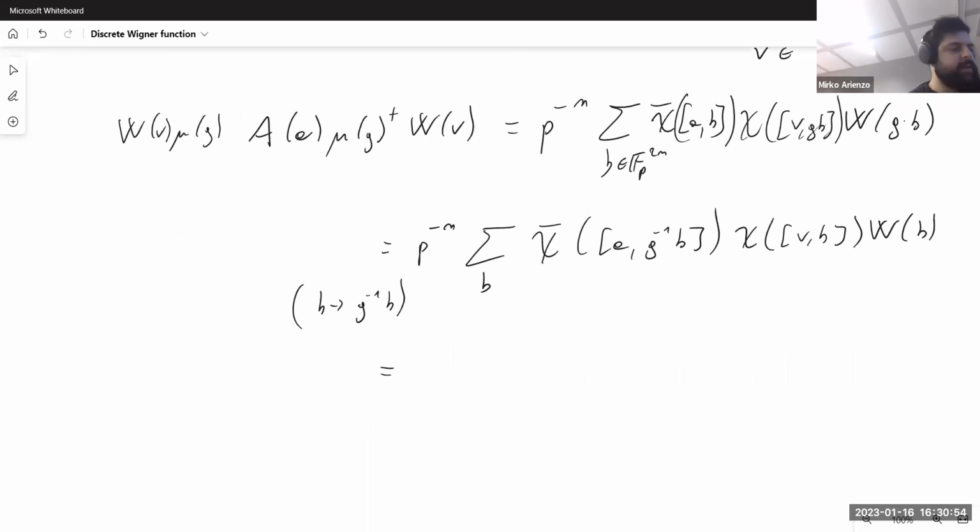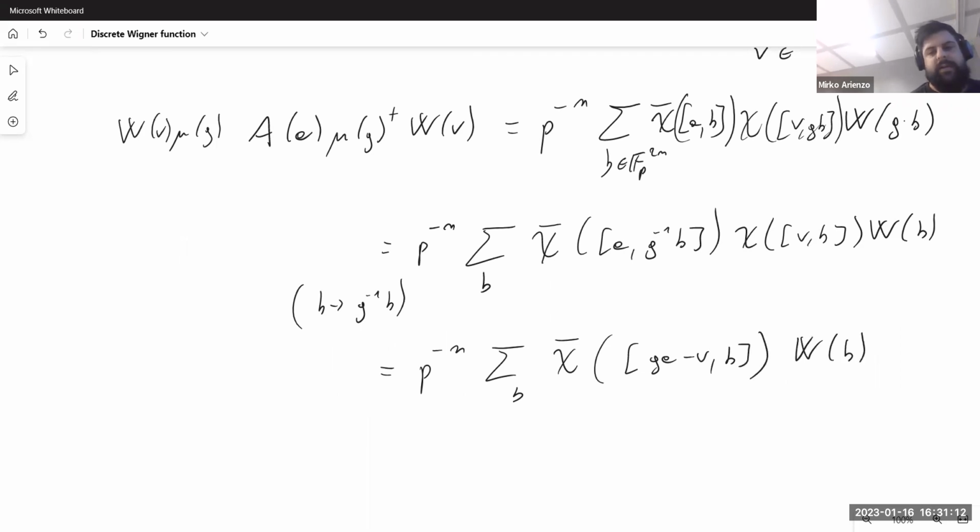And then we have p to the minus n, and then the sum over B of chi of GA minus V, B, W of B, and this is just by property of the symplectic product, because when you have a symplectic matrix, the product of A, B is equal to that of GA, GB.